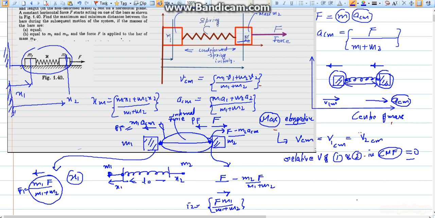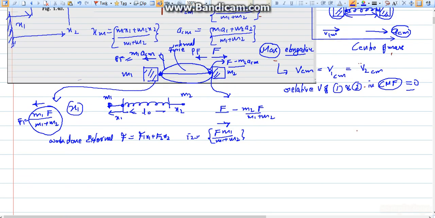Total work done by external forces is equal to F1 x1 + F2 x2, which is equal to m1 F upon (m1 + m2) x1 + m1 F upon (m1 + m2) x2. See, this is coming the same in this situation.